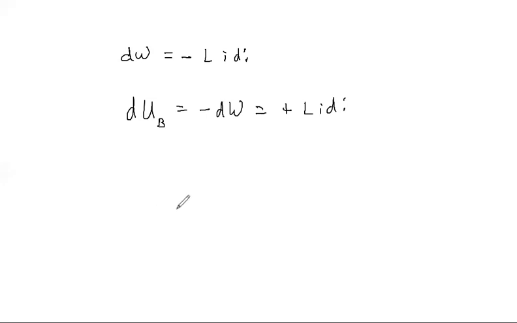As we start with no current and gradually build up the current, you are storing potential energy in the inductor. Integrating both sides gives that the energy stored in the inductor is 1/2 L times I squared.